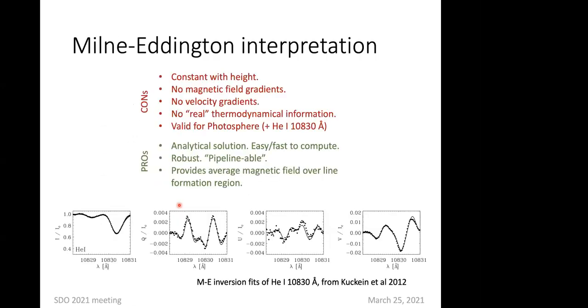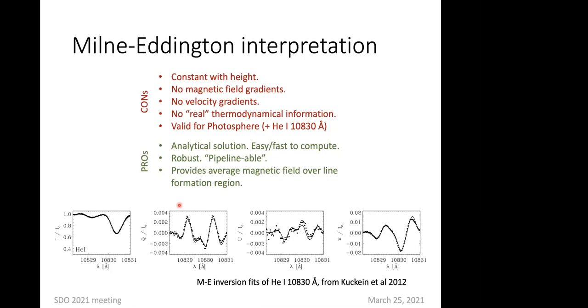So first, the Milne-Eddington approximation. Milne-Eddington assumes that the physical parameters that describe the atmosphere of the sun are constant with height. So this means that when you apply Milne-Eddington inversions, you cannot get information about the stratification of the atmosphere. You can't get information about gradients in your magnetic field or velocities.